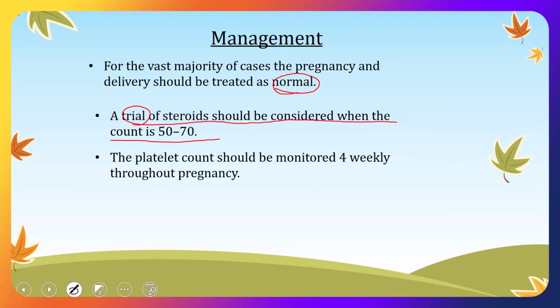So only in this condition can you give a trial of steroid to the patient. Now, the platelet count should be monitored 4 weekly throughout the pregnancy. Once you declare the patient as a case of gestational thrombocytopenia, then from that point onward, you are going to monitor the platelet count of the patient 4 weekly till delivery.